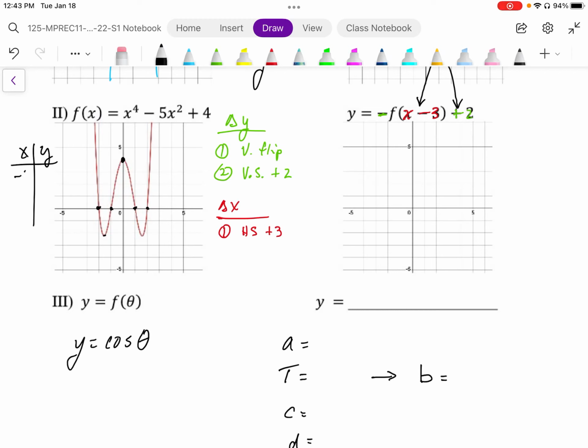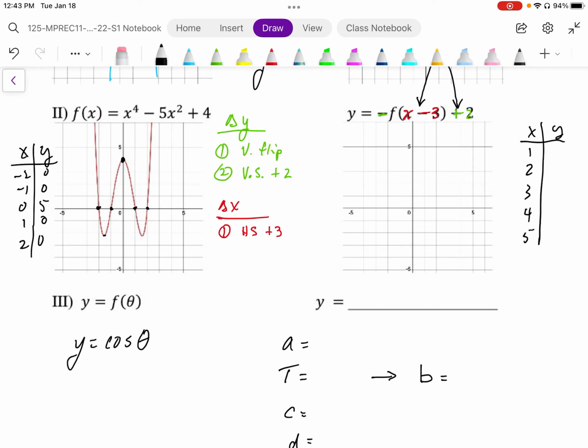Okay, so I have (-2, 0), (-1, 0), (0, 5), (1, 0), and (2, 0). For my transformed coordinates, all the x's are +3, so it becomes 1, 2, 3, 4, and 5. Those are my new x coordinates.